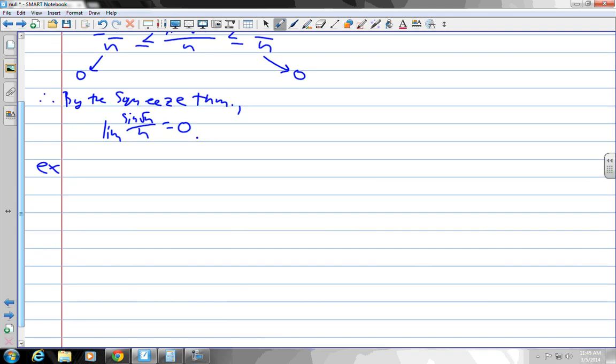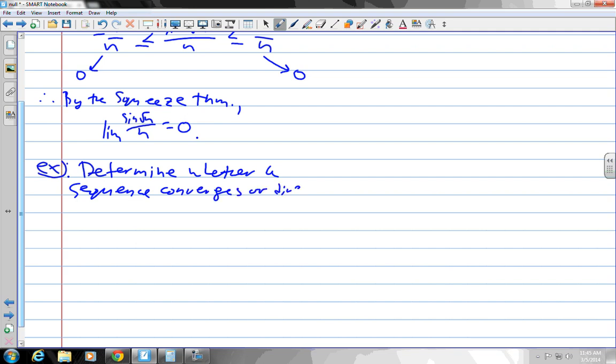How about this example? Just determine whether a sequence converges or diverges.